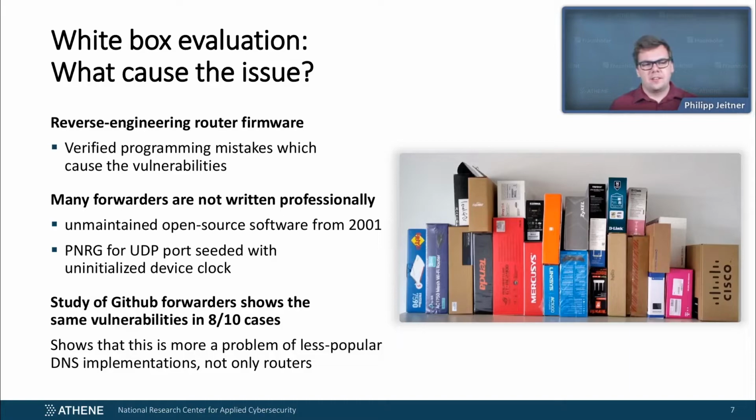This shows that it is not necessarily a problem of DNS implementations in routers, but of less popular DNS implementations, written by developers who aren't really aware of the DNS ecosystem or don't know a lot about DNS security.